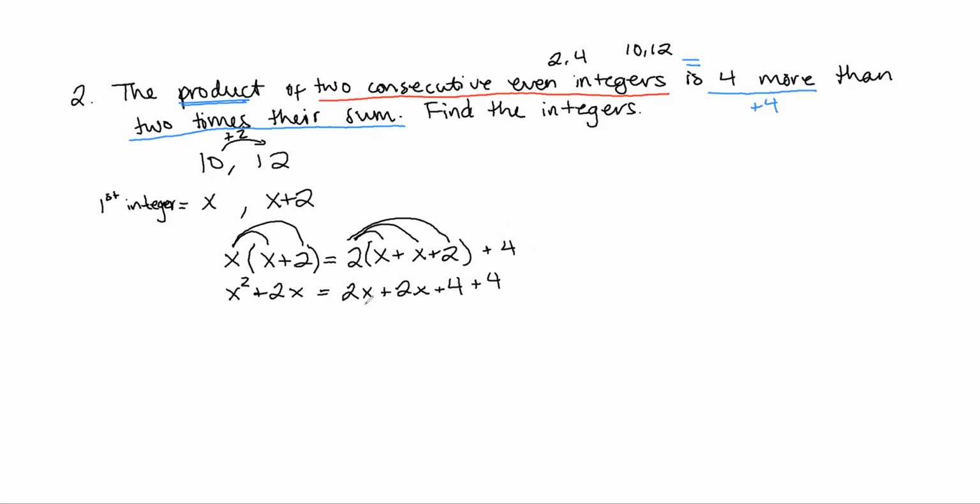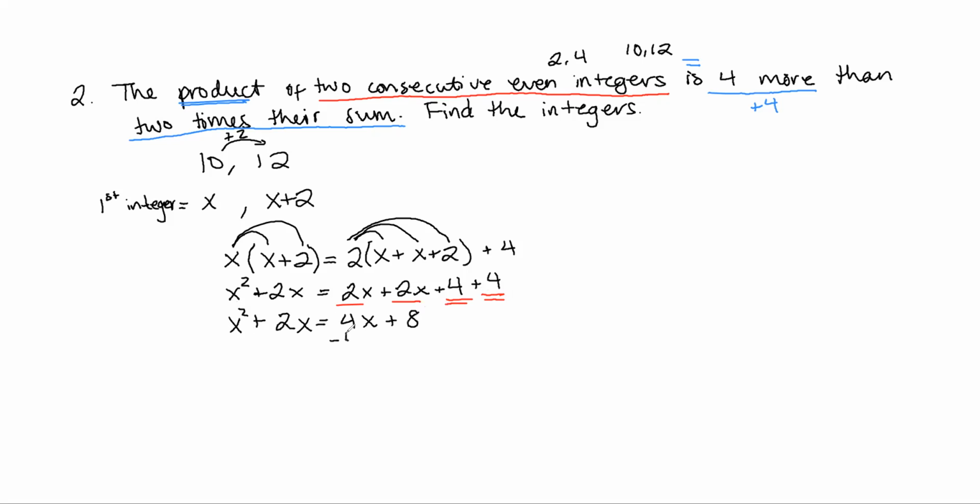Now let's combine like terms on the right side before we start moving things around. The left side is still x squared plus 2x. On the right, 2x plus 2x is 4x, and 4 plus 4 is 8. Now we'll move everything over to one side so that it's equal to 0. The left side is nicer so that x squared stays positive.